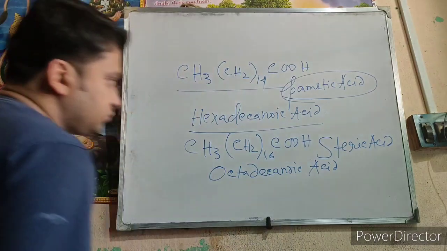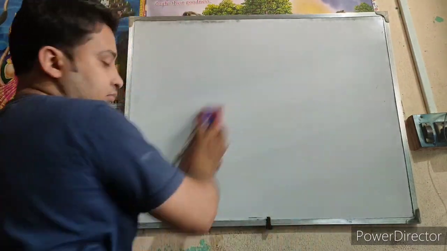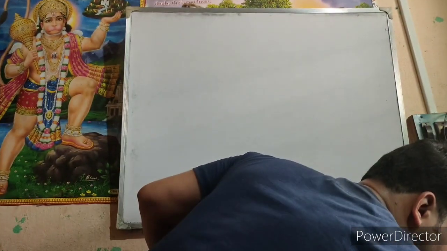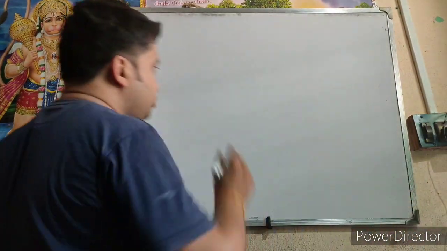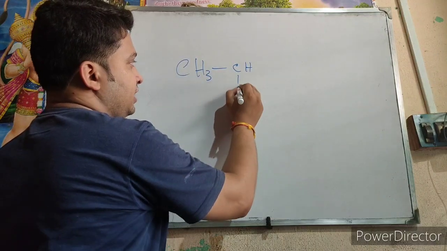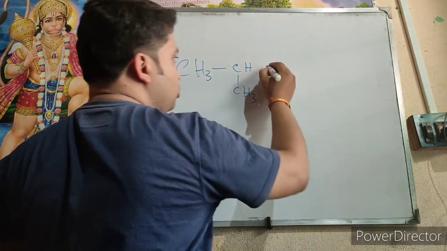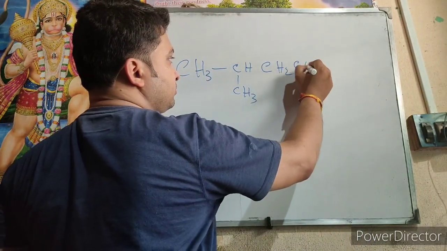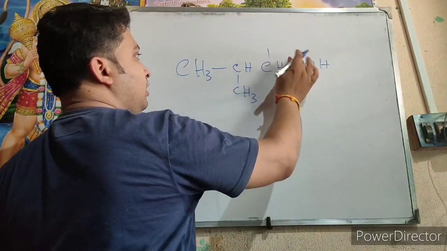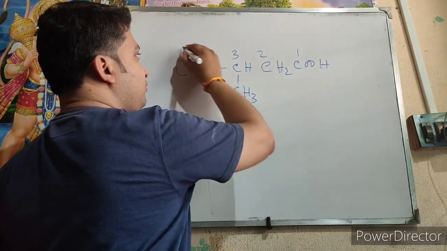Now take more examples. Now you can write CH3, CH3, CH2, COOH, 1, 2, 3, 4.